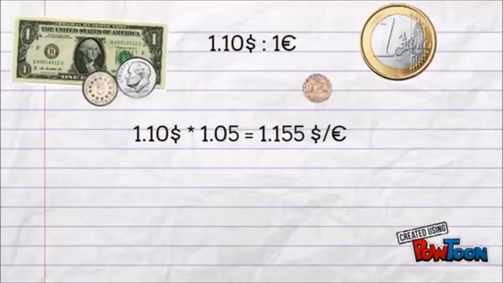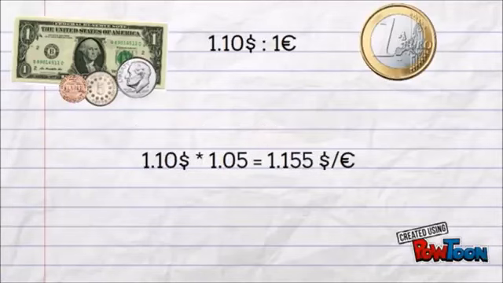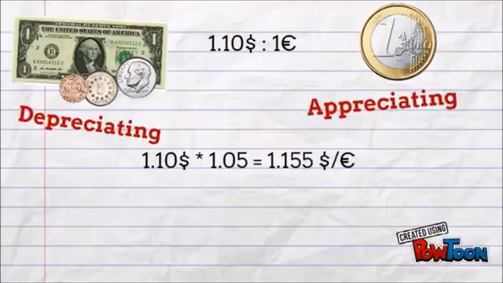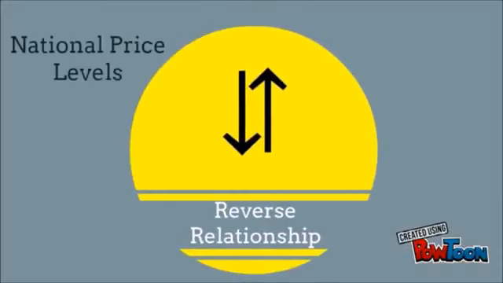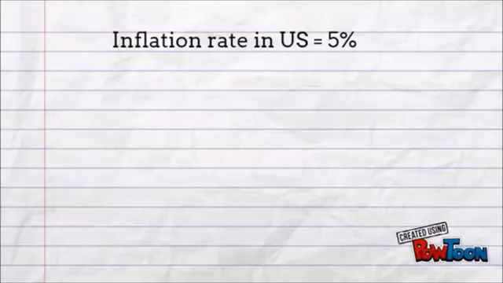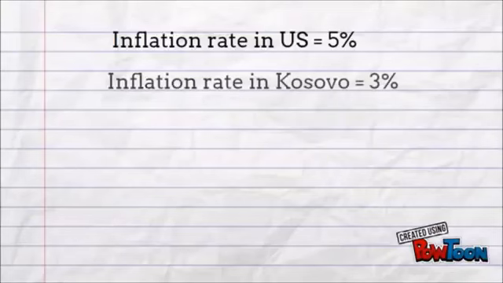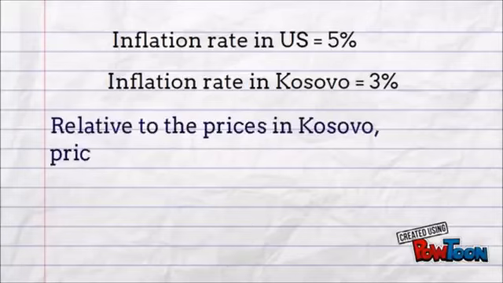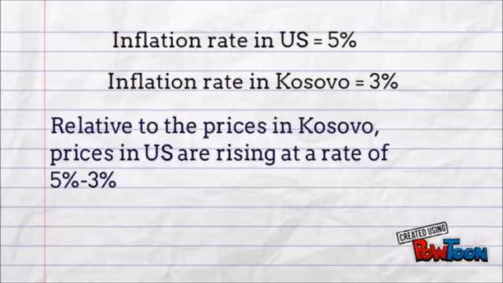Now, you need more US dollars to get 1 euro. Therefore, the US dollar is depreciating while the euro is appreciating. As a result, there is a reverse relationship between national price levels and currency values. Where there is inflation, the value of the currency depreciates, and vice versa. What if we expect Kosovo's inflation to be 3% in the upcoming year? Relative to the prices in Kosovo, prices in the US are rising at a rate of 2%.